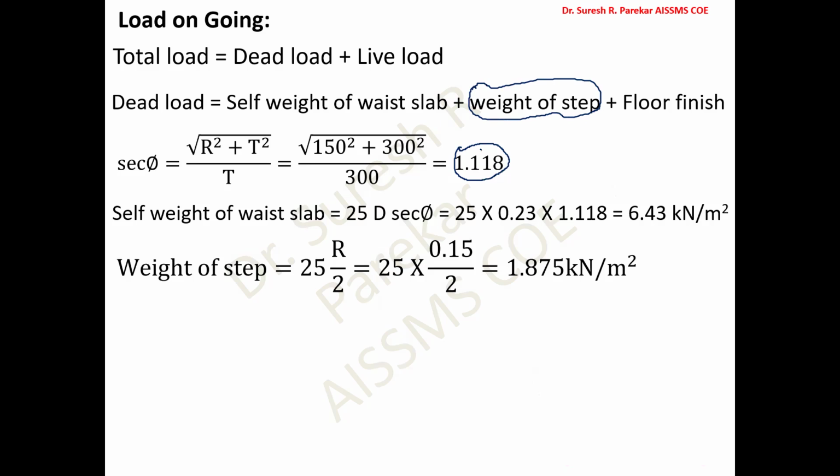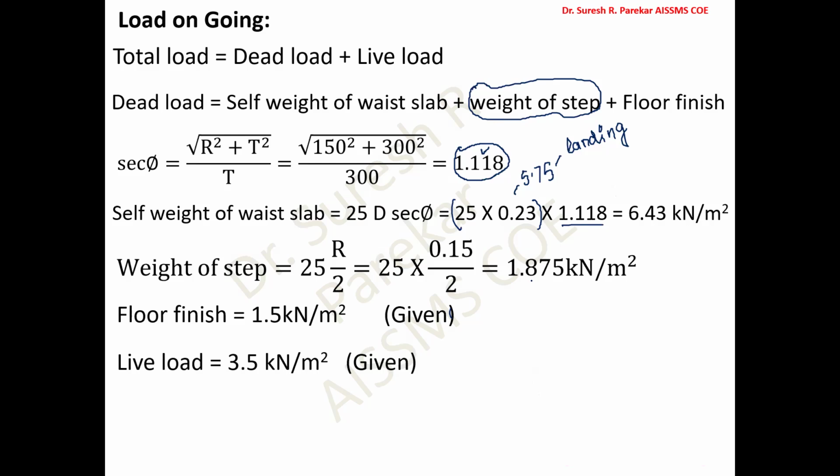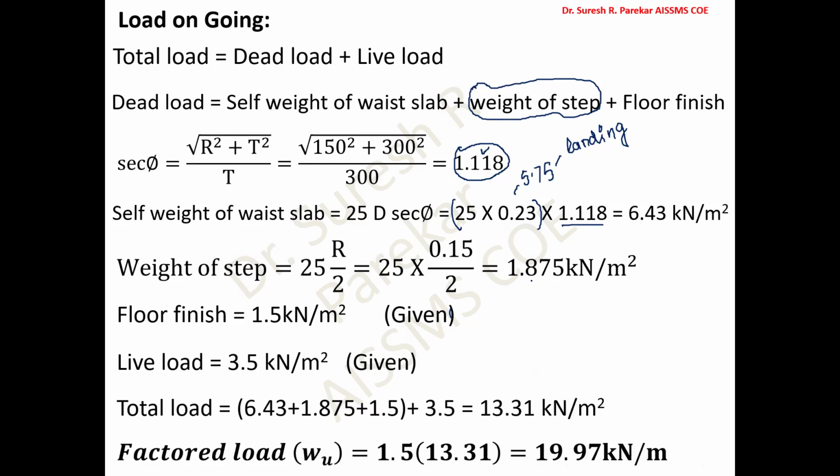Why we consider the waist slab: if we multiply this value, we get 5.75, which we considered for landing, and that value is increased because the slab is inclined, by 1.118. Then 6.43, 1.875 floor finish, live load and total load, and factored load 19.97 kilonewton per meter.